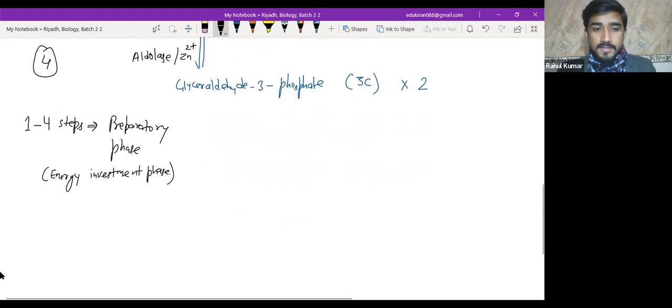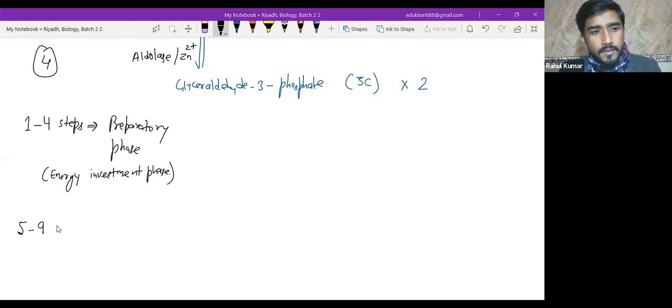So from this step onward, there are total 9 steps in glycolysis that you have to count. I remember it's 9, but I'll teach you the 9 steps. Mariam, just count those steps in your NCERT. 9, right? Mariam is writing. Yes, 9. Perfect.